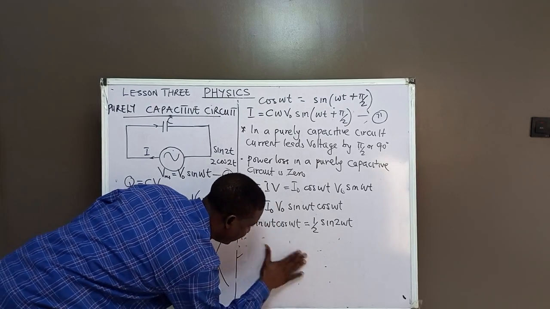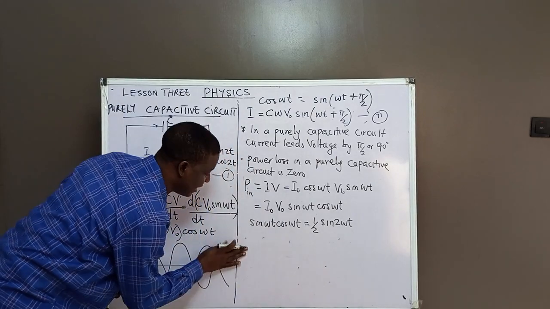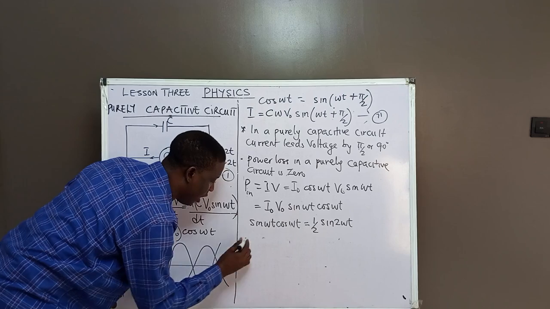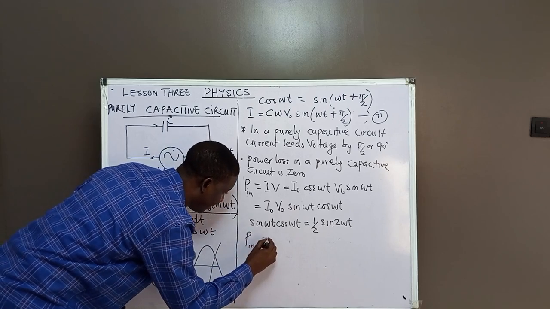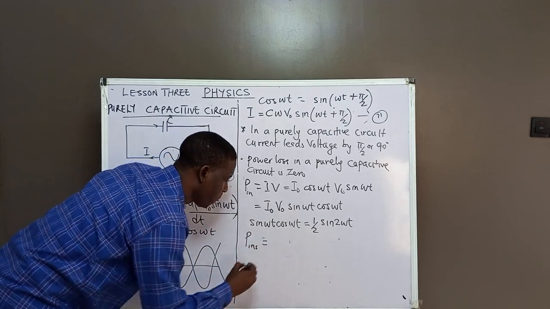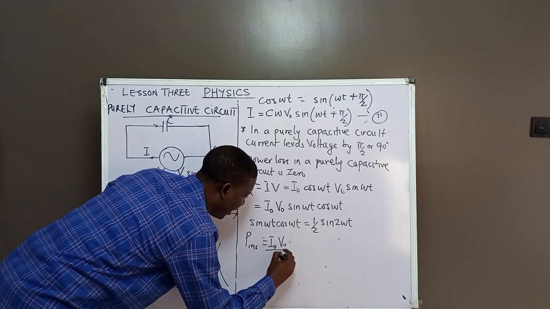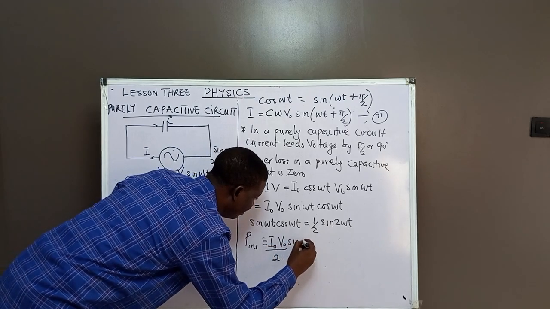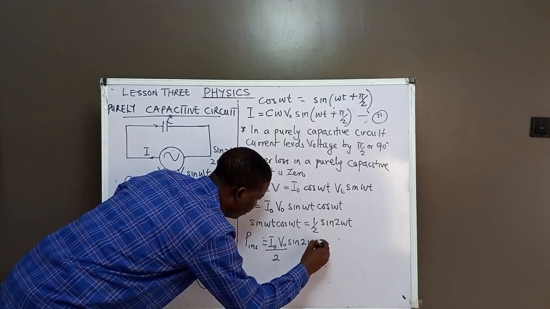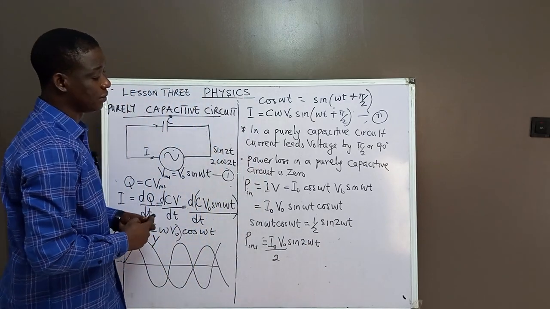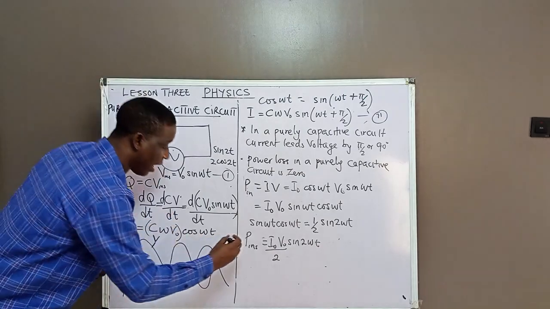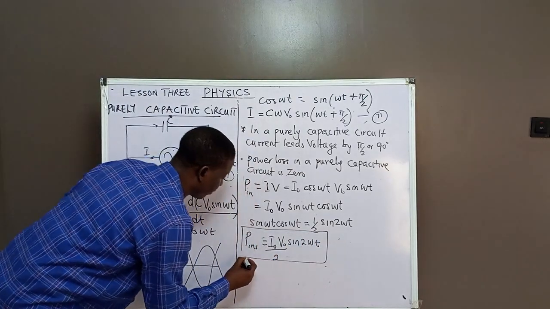So what I'm now saying is that the instantaneous power is equal to I naught V naught over 2 sin 2ωt. So that is the instantaneous power in a capacitive circuit.